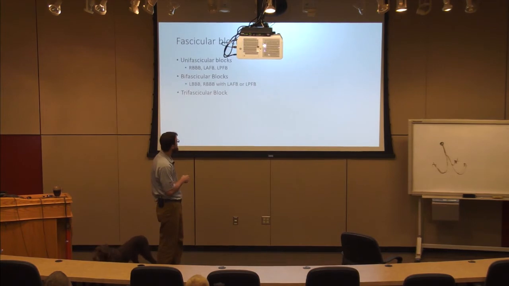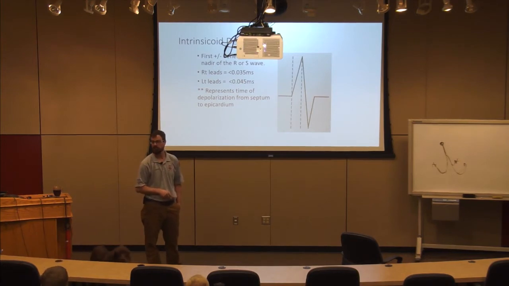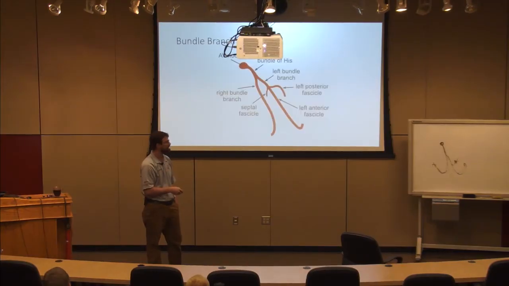Now, back in here, I had this picture of what's called an intrinsicoid deflection. It's the very beginning of the QRS cycle. When I look at a bundle branch block, half of my conduction pathway is fast. The slower half shows up on the back end.